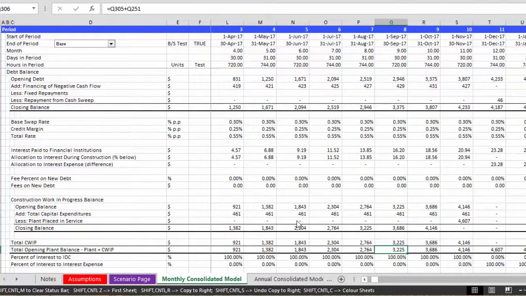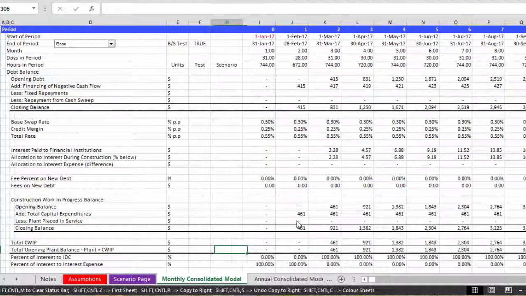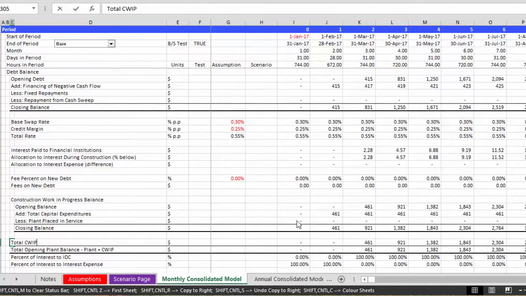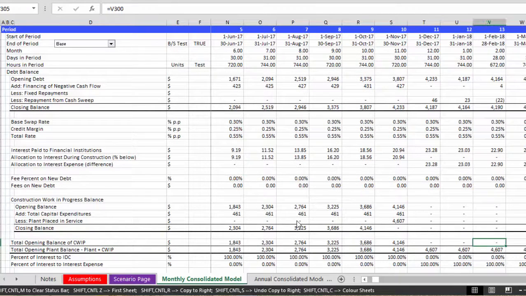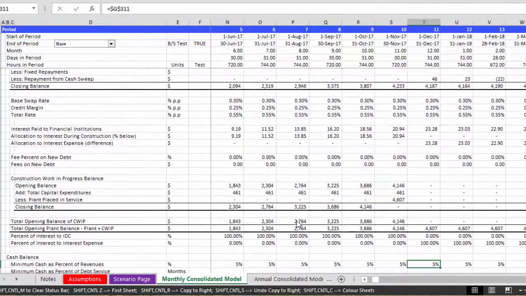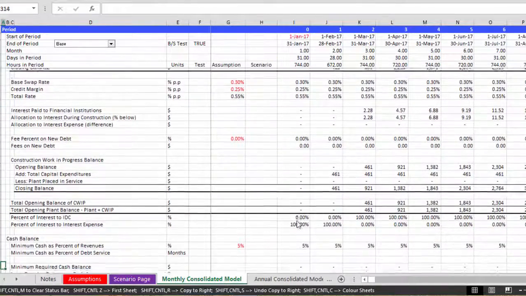And I had to change something. I'm admitting here, this has to be the total opening balance, to really allocate the interest during construction and the interest expense correctly. You need the opening balance.